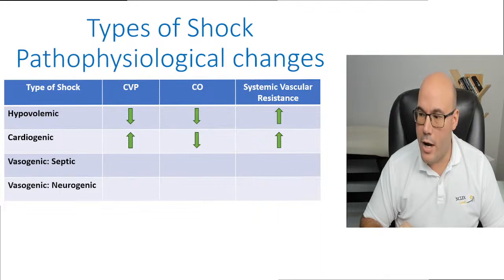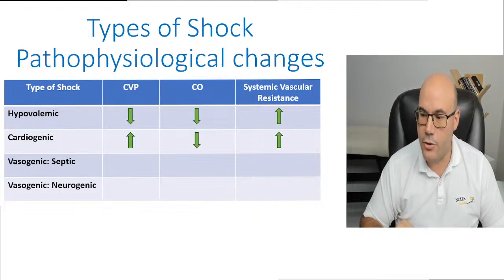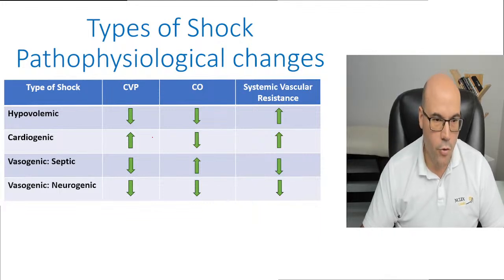So what is going to be my central venous pressure? The central venous pressure is going to be low in both septic and neurogenic shock, both pertaining to vasogenic shocks.